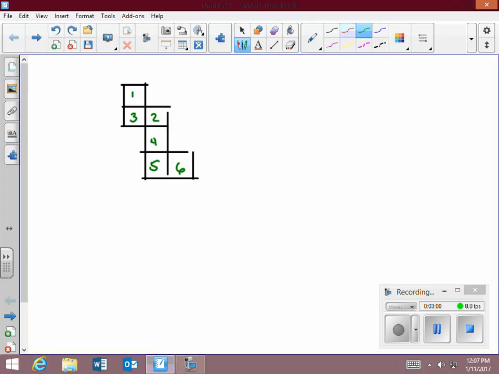Now you're supposed to fold that, and it's going to fold into a cube. What number is going to be opposite this one? Would it be 4? Yeah, 1 and 4, because the 1 would fold down, right? The 2 would fold down, and then the 4 would come around. So you'd have 1 and 4.